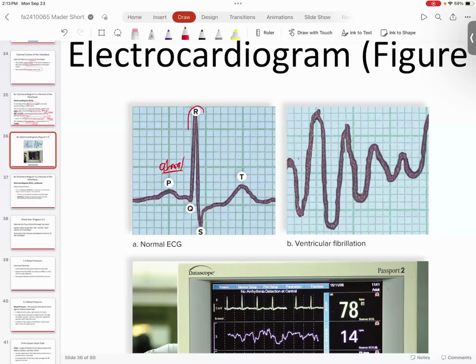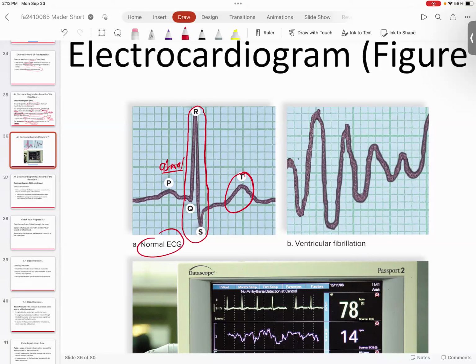And then shortly after that, you're going to see that signal traveling through the ventricles. That's the reason why you have this complex QRS peak right here. And then, of course, ventricular contraction along with atrial relaxation because they're doing the opposite things at the same time. And then finally, you'll see the ventricular recovery at this particular point as the ventricles begin to relax and reset themselves. So this is a normal EKG.